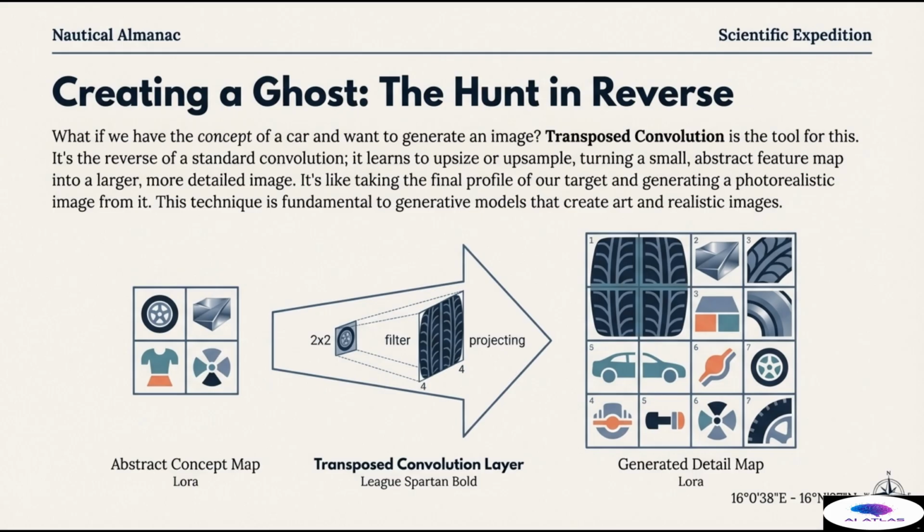Imagine starting with a conceptual profile, like the components of a car, and using the transposed filter to project those concepts onto a larger canvas, carefully filling in the textures of the tire treads, the curvature of the windshield, and the precise color gradients. This technique is fundamental to modern generative models, such as those used in image synthesis and style transfer, allowing AI to move beyond merely recognizing the world to actively creating it.